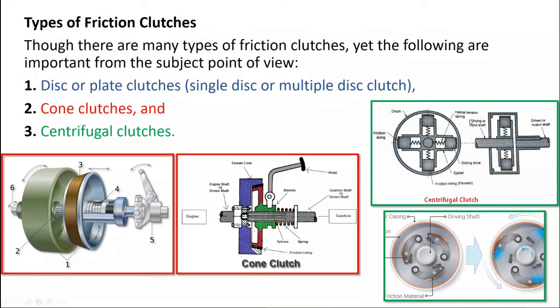So what happens? When it expands, it comes in contact with the outer drum, and then engaging of the clutch occurs. Here in the bottom figure you can see these members on which friction material is attached. This orange one is your friction material. When this rotates at very high speed, these members expand.